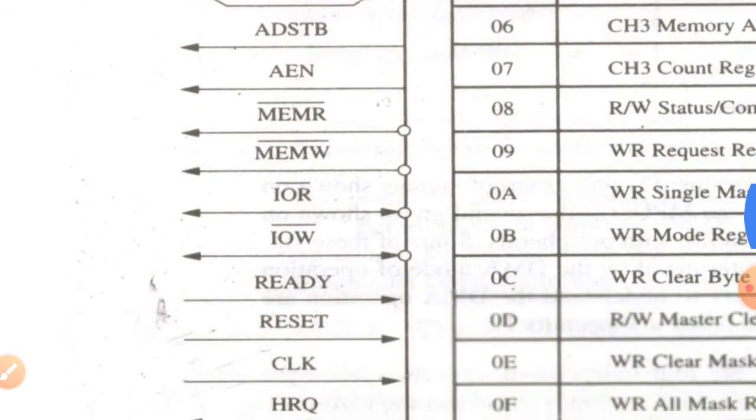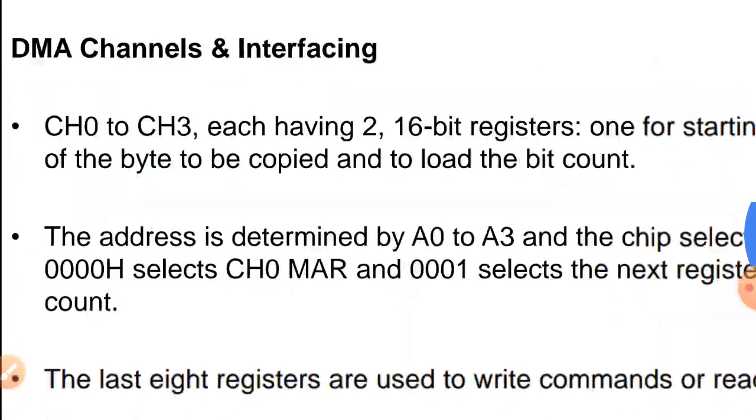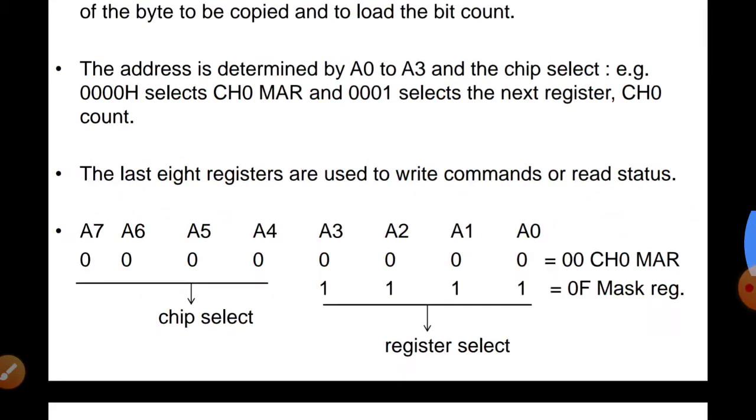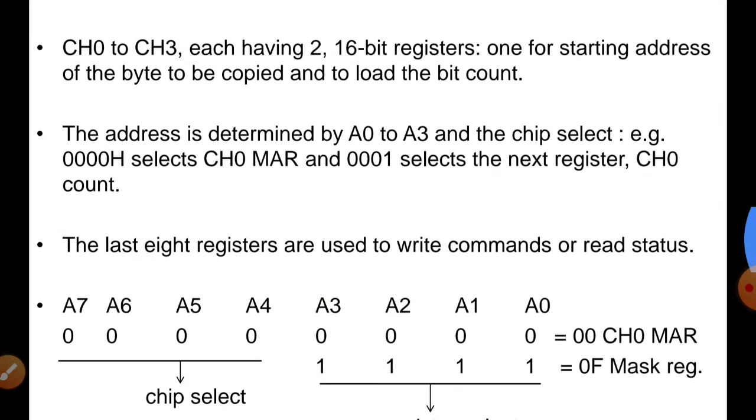So, let me give you an example of how this is done. Now, the address, as I told you, is determined by A0 to A3. Different values of A0 to A3 are going to select the individual registers. In total we have 16 registers, out of which 8 registers belong to the 4 different channels.